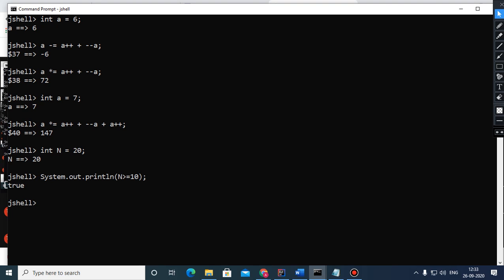Okay, now one more: suppose here the value of n is 20 and here I am writing n modulus 2 is 0.